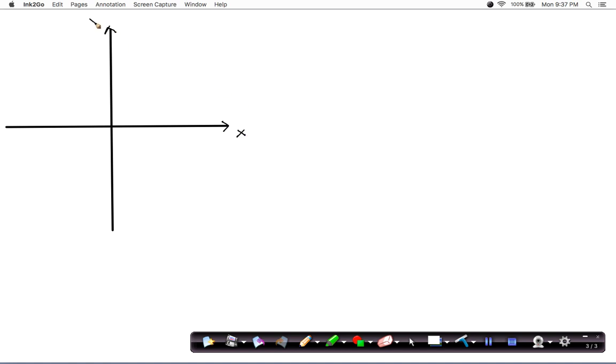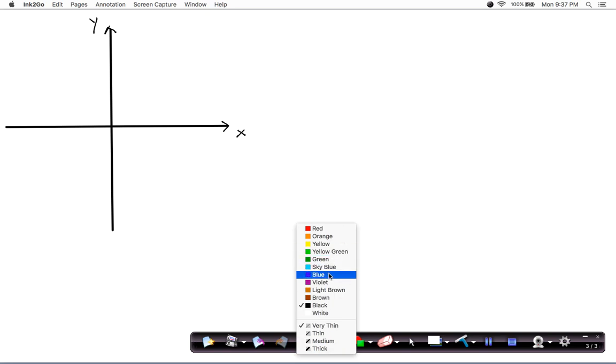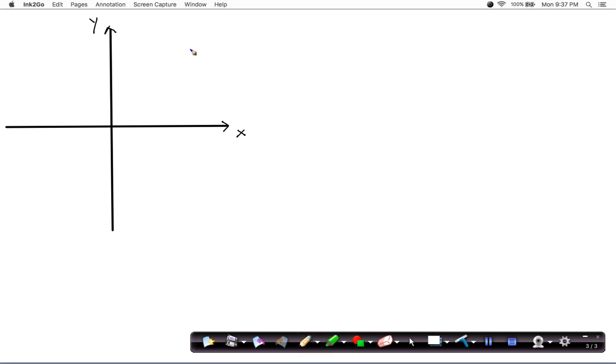All right, so there we go, xy. And we'll start out with a point. We'll put point P right about here. This is point P with coordinates x, y. Just a point that I placed over here.